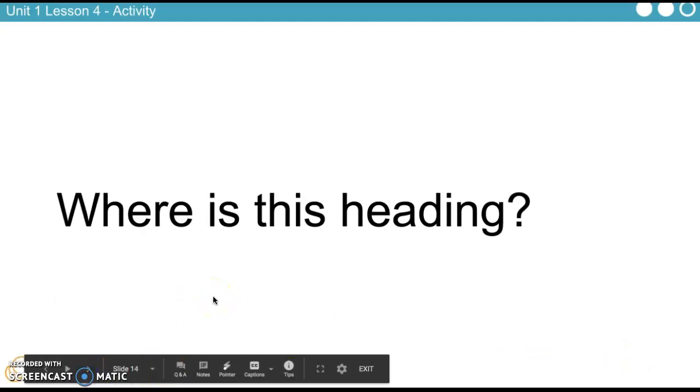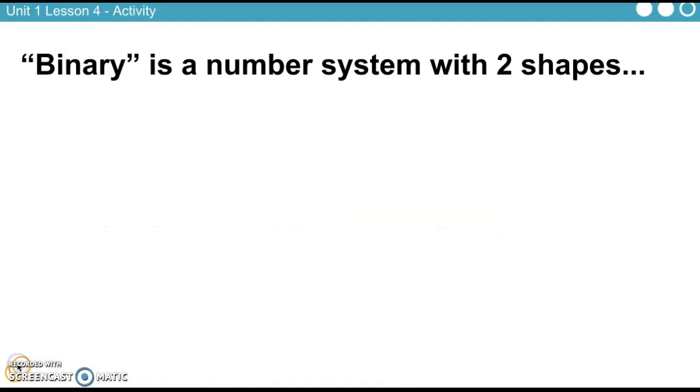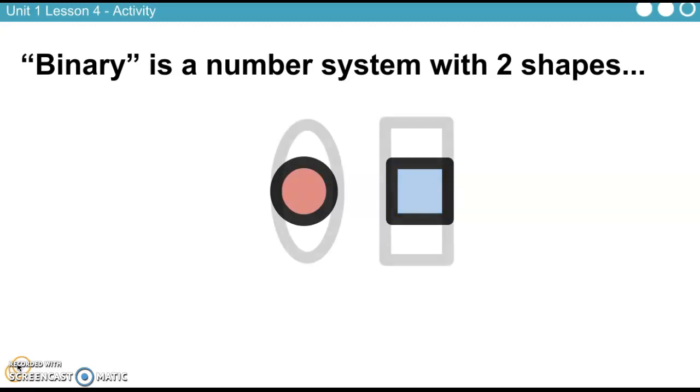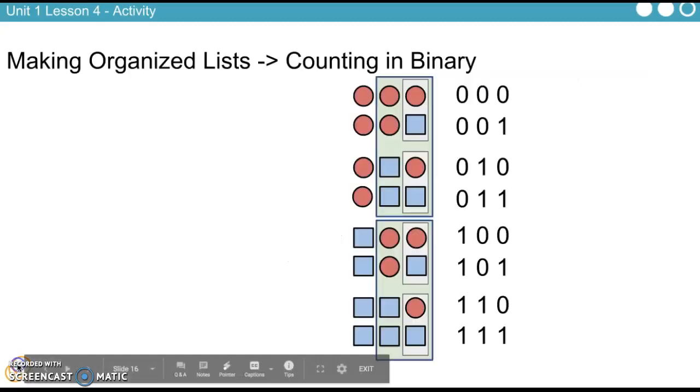Okay, so where are we going with this? Binary, where we only have two shapes, 1 and 0. Binary is a number system with two shapes. A bicycle has two wheels. So we have a 0, a circle, and a square, and they're going to transform, and now we're just going to think of it as a 0 and a 1.